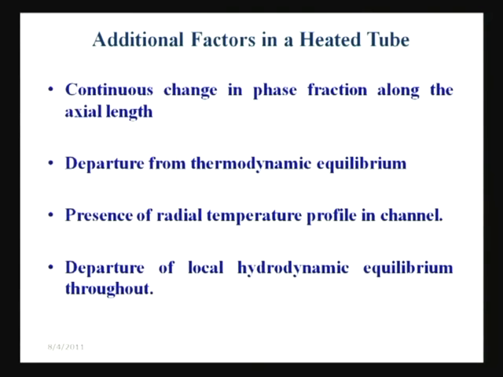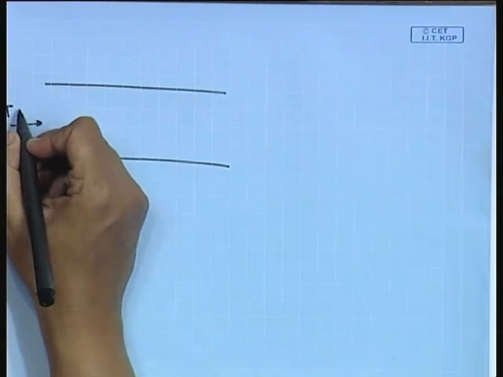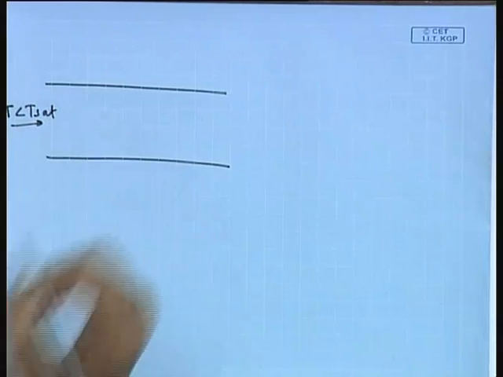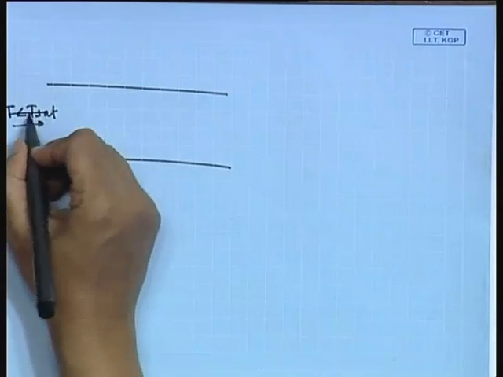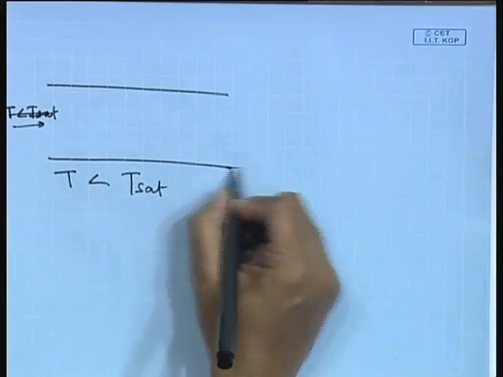This flow situation, if you imagine, will be something of this sort. Again, we start with liquid where T is less than T saturated. I will write it here, T less than T saturated.